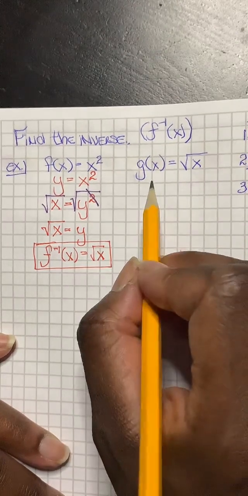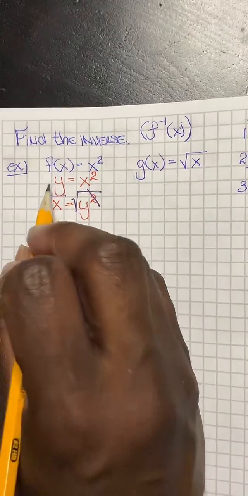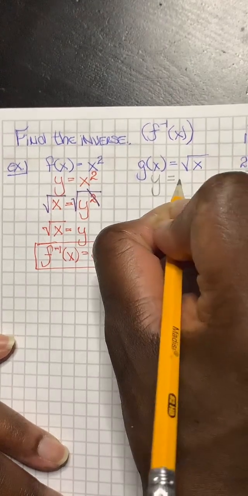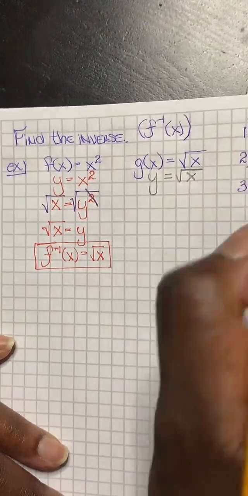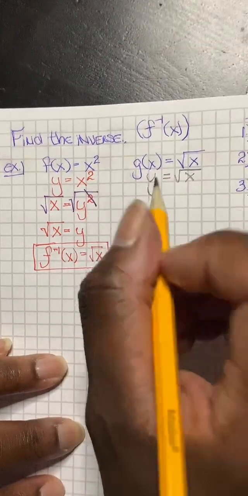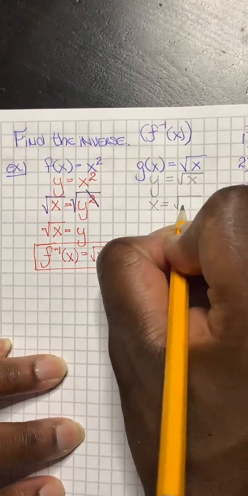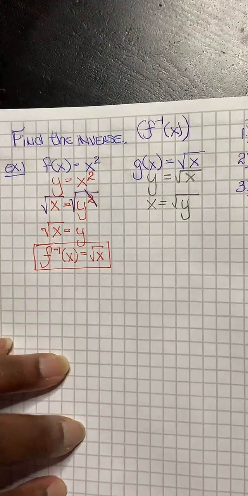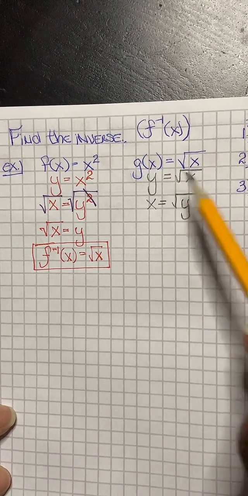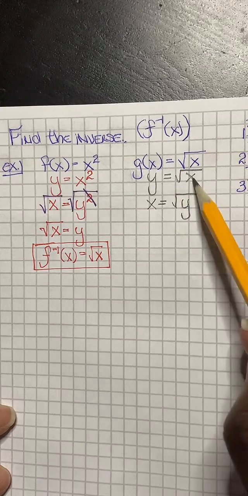Okay, let's see what I can do. So, g of x, regardless if it's a g of x or f of x, it still equates to y. All right, so we set it for our y. Now we got to switch it. So that means we have x equals the square root of y. Okay, g of x turned into a y. Switch the x and y's.